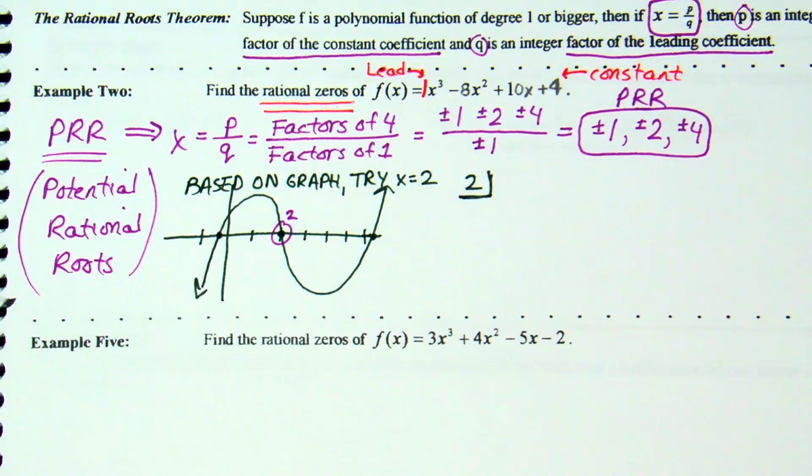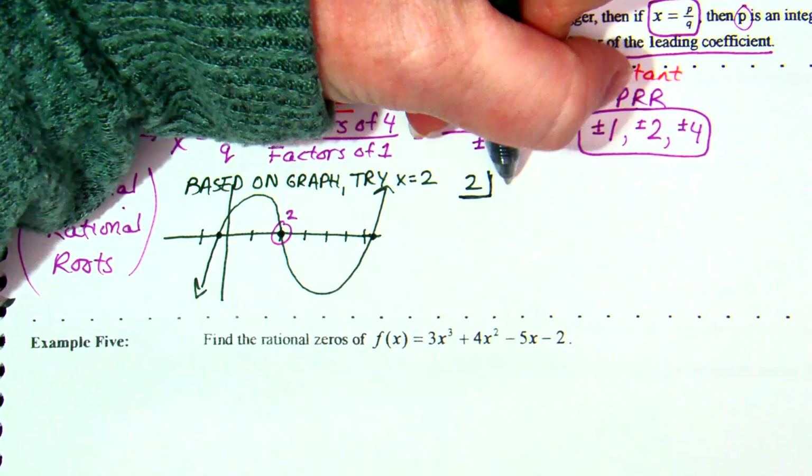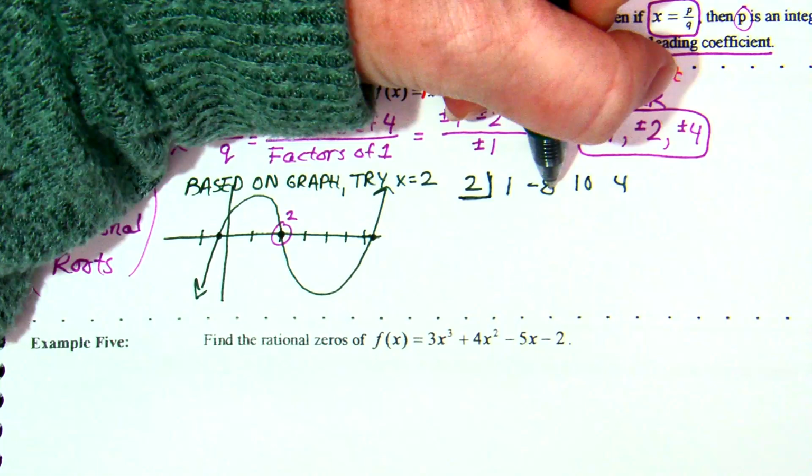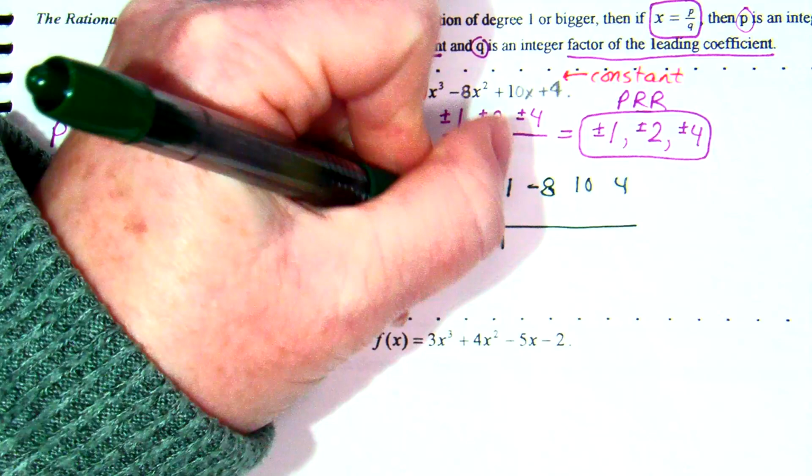2 goes in the box. And then what numbers go next to my box? 1, negative 8, plus 10, plus 4. Do you remember how to do your synthetic division now? Drop the 1. 2 times 1 is 2. Negative 8 plus 2?